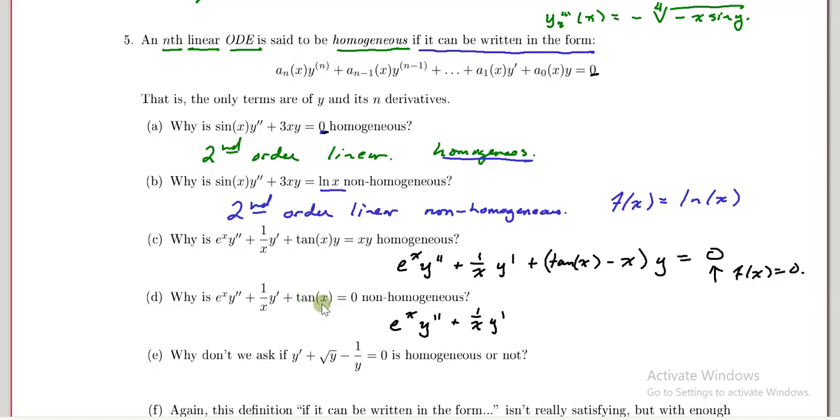I don't have a standalone y term, so if you wanted to represent it, you could represent it as 0y equals minus the tangent of x. And this is our f of x, which does not equal 0. So again, folks, contrary to how it might have initially looked, this is non-homogeneous, and this ODE is homogeneous.